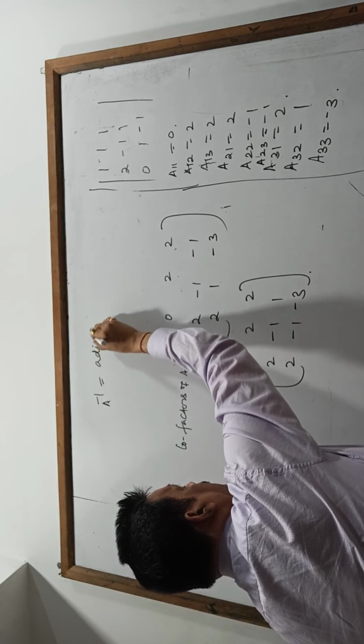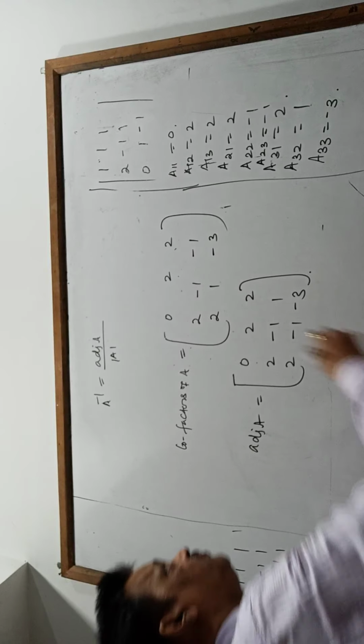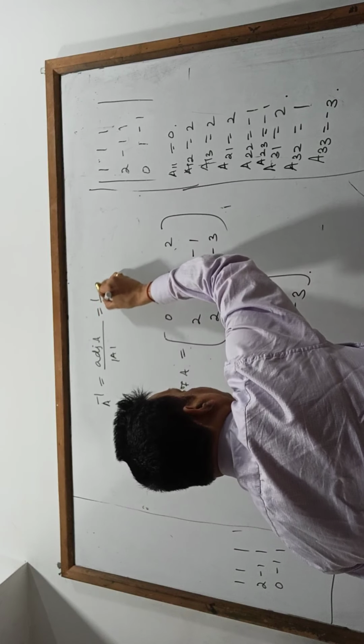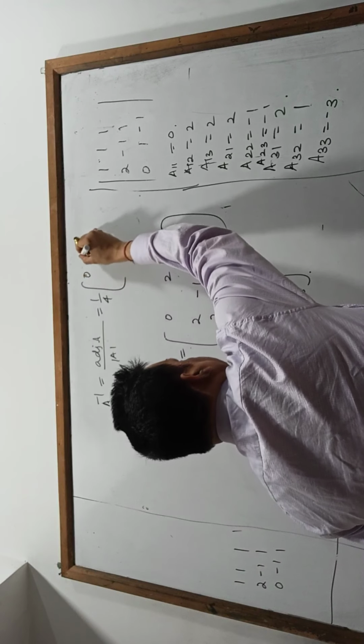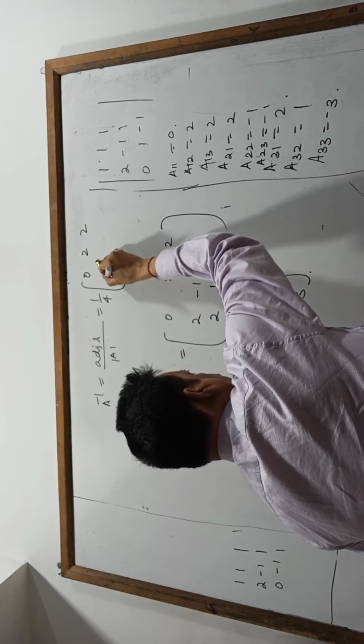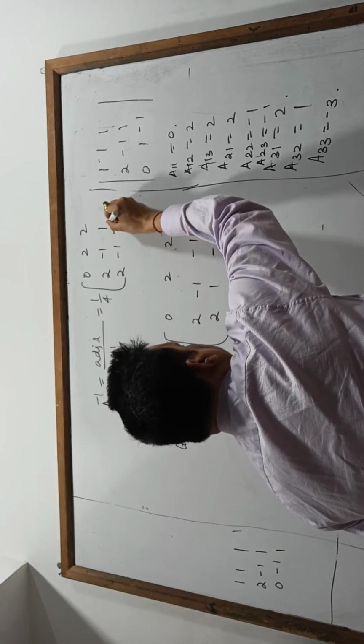Adjoint of A by determinant of A. The determinant was 4. So let's keep it as 1 upon 4.